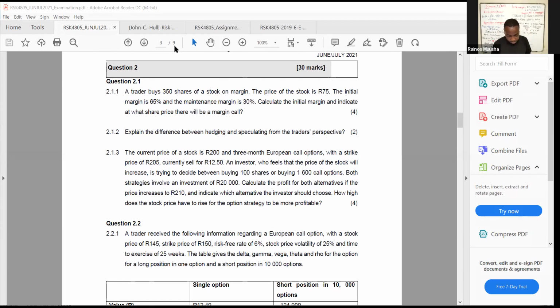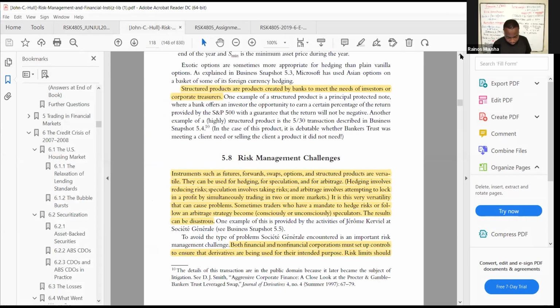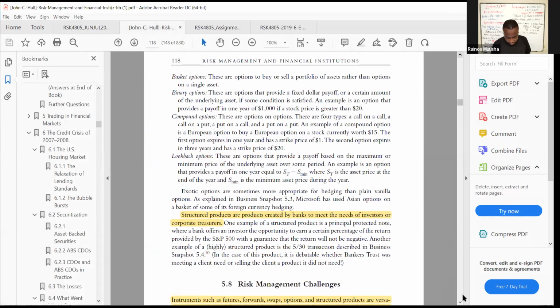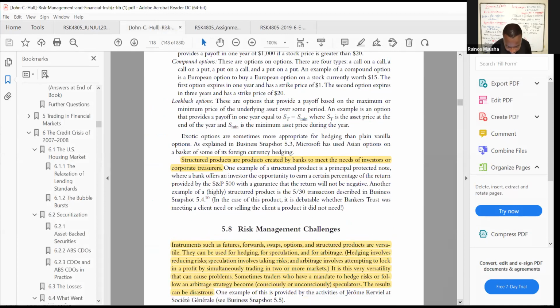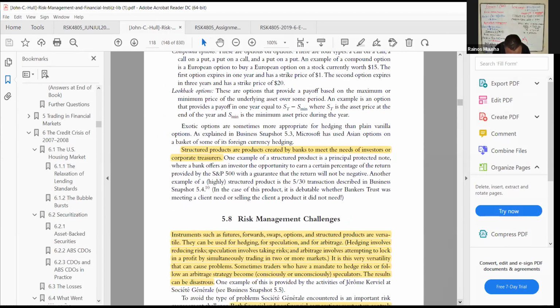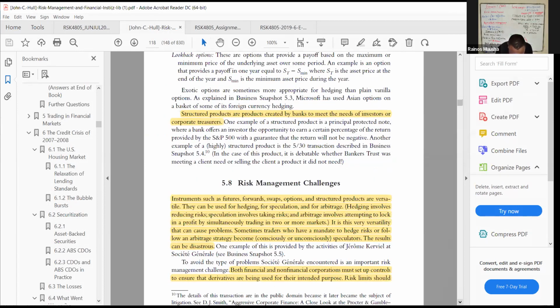If you check on page 118 of the textbook, they say instruments such as futures, forwards, swaps, options, and structured products are versatile. They can be used for hedging, for speculation, and for arbitrage.